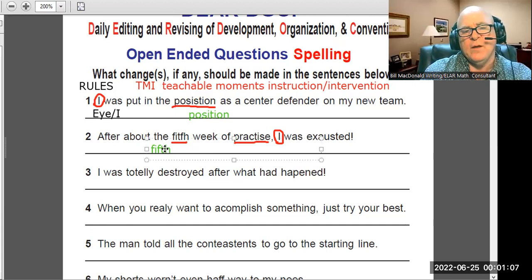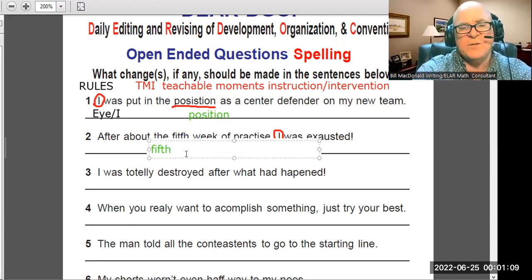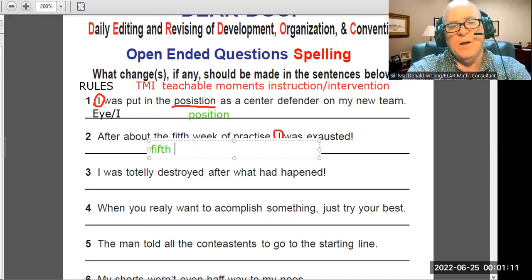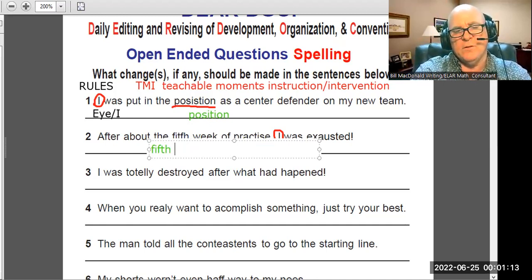Now, another teachable moment was when I was in a golf tournament at the end of May, there were 10 flights. I just happened to be in the 9th flight. 9th comes from the word 9. Okay.